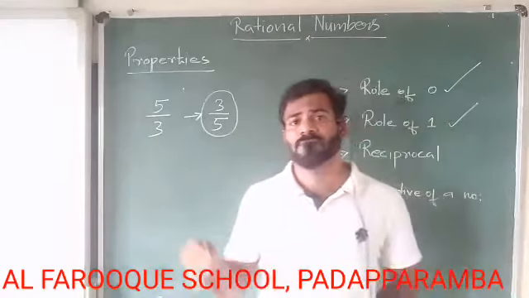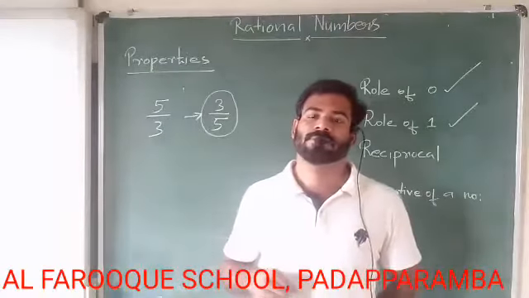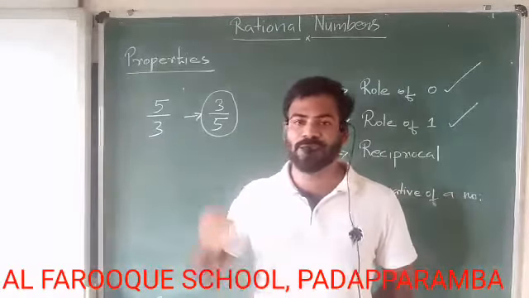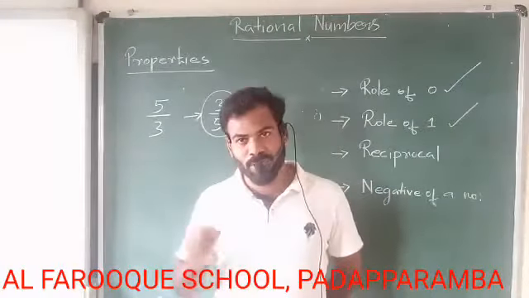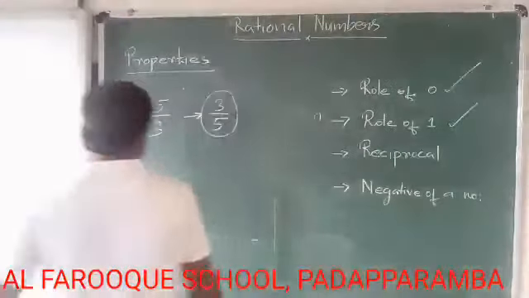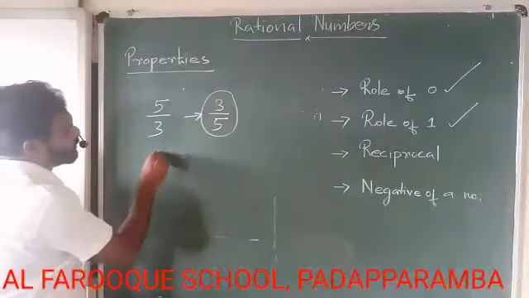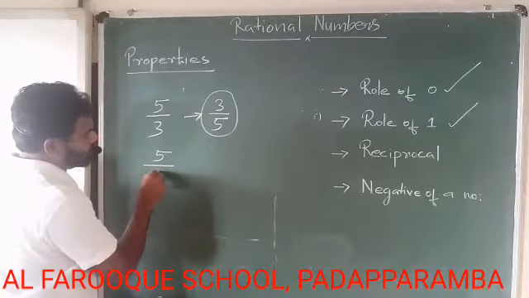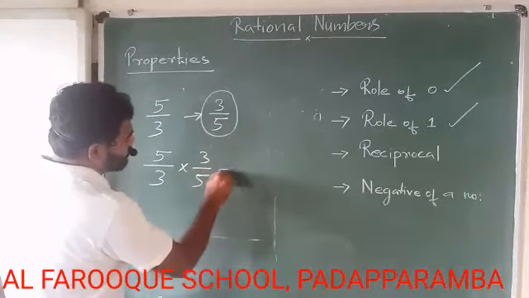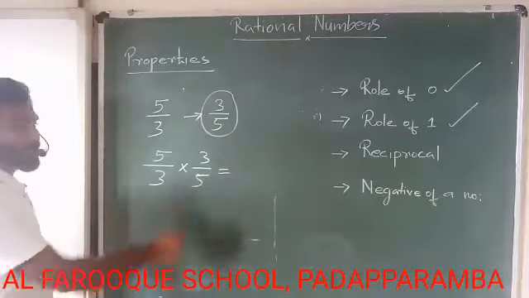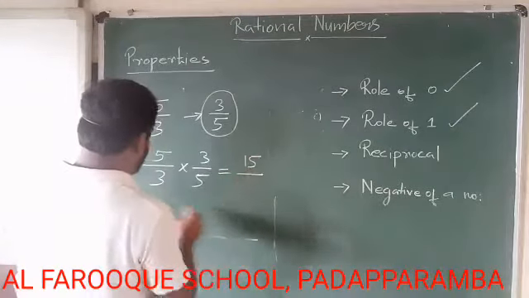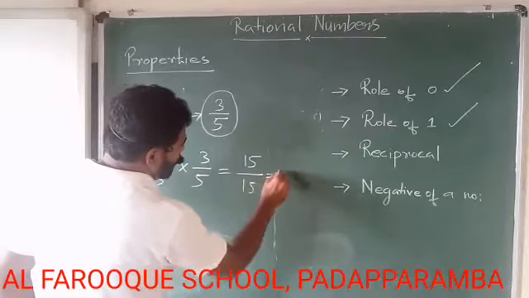What is meant by reciprocal? Reciprocal is the interchanged number. That is, if we interchange the numerator and denominator, then we will get the reciprocal. And if we multiply a number with its reciprocal, what happened? 5 by 3 into 3 by 5, the answer is 5 into 3, 15, divided by 3 into 5, 15, is equal to 1.